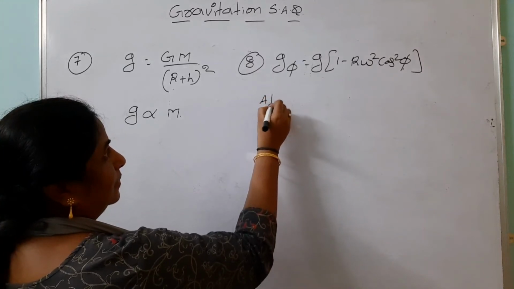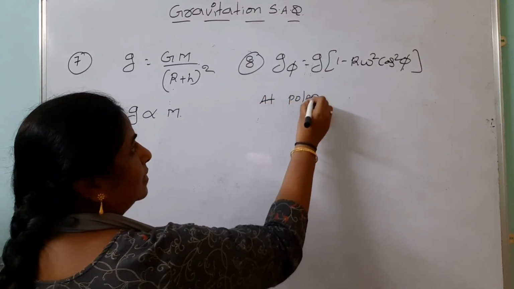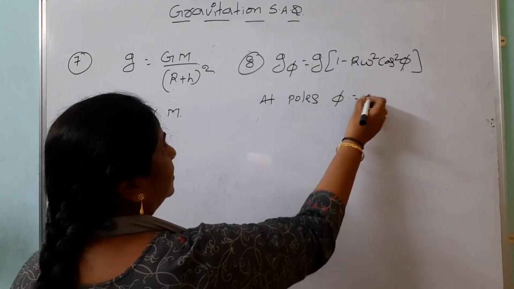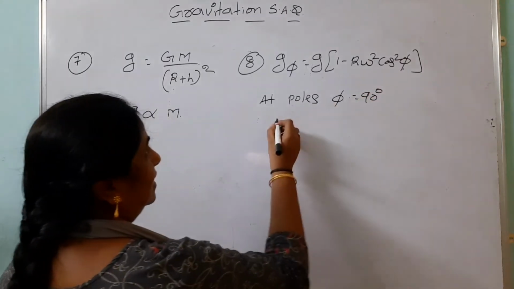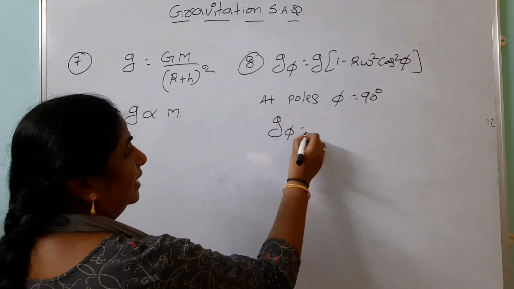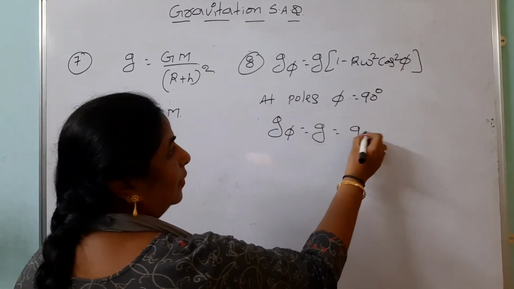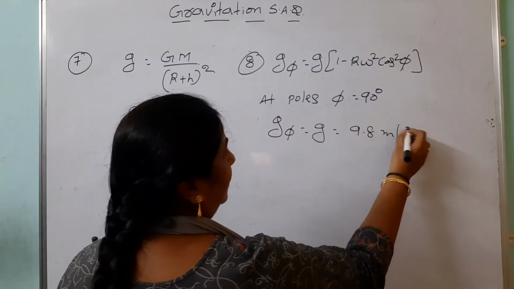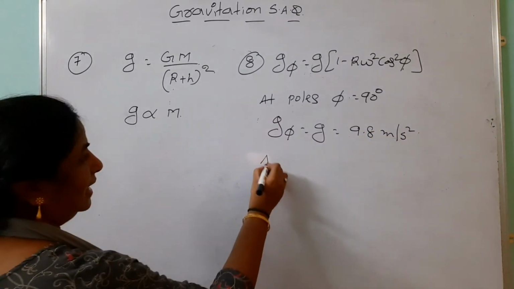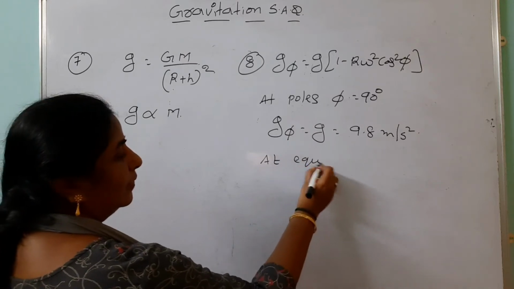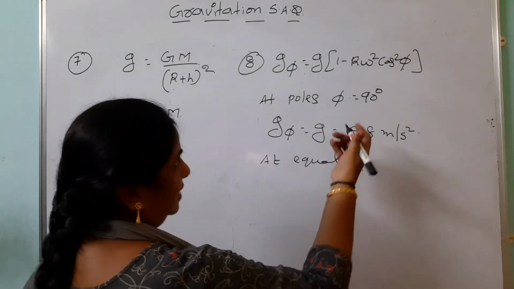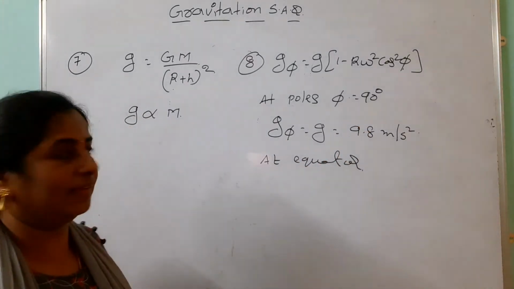At poles, phi equals how much? 90 degrees. Cos 90 is 0. We are getting g_phi equals g, 9.8 meter per second square, maximum it is. Like that at equator, no need of writing this expression, just for understanding I am giving this.